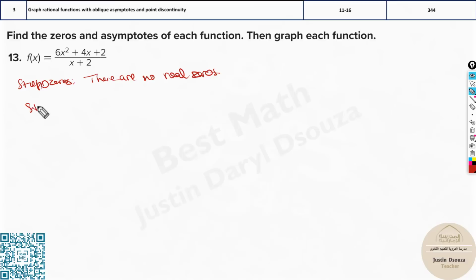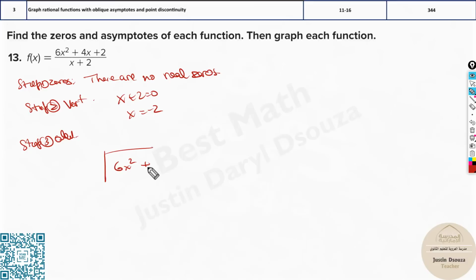That's step one. Step two would be the vertical asymptote. So here, the vertical asymptote is x plus 2 equals 0, and you get x is equal to minus 2. Step three would be the oblique asymptote, and we will just solve it out. Let me leave some space at the top because we have to write the answers. 6x squared plus 4x plus 2, and over here we have x plus 2.